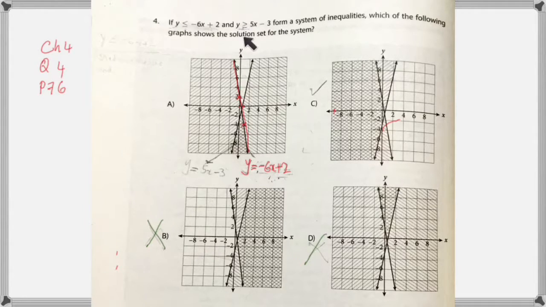It is greater than or equal to, meaning you have to shade above this line. You know that this line is y equals 5x minus 3. So you have to shade above this line, which is this area.